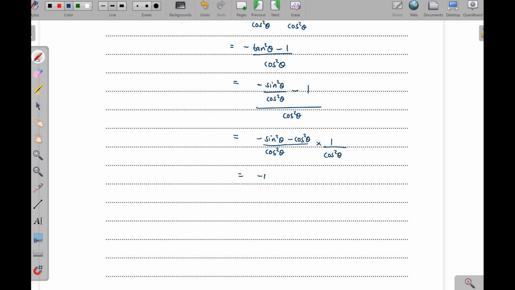So suppose I factorize it, then we shall have sine squared theta plus cos squared theta. And this is the Pythagorean identity in trigonometry. You know, sine squared an angle plus cos squared an angle will give us a 1. And then these two will multiply, then we have cos power 4 of theta. So we shall have negative 1 out of cos power 4 of theta. And that is our answer here.